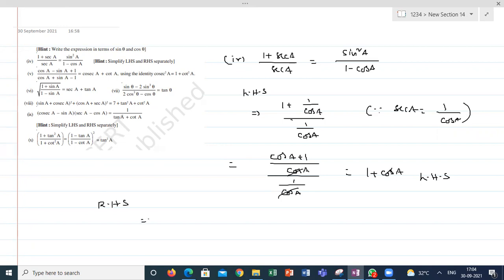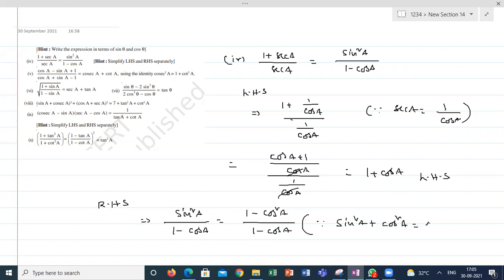I am taking RHS separately. I'm simplifying RHS also: sin square A divided by 1 minus cos A. Sin square A can be written as (1 minus cos square A) divided by (1 minus cos A). How can I write that? Sin square A plus cos square A is equal to 1.